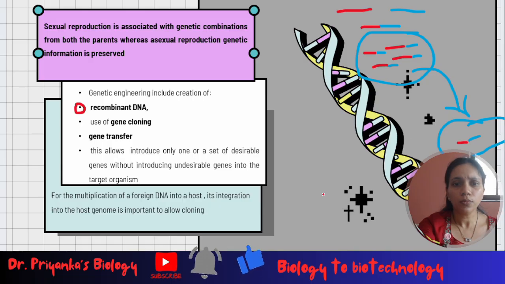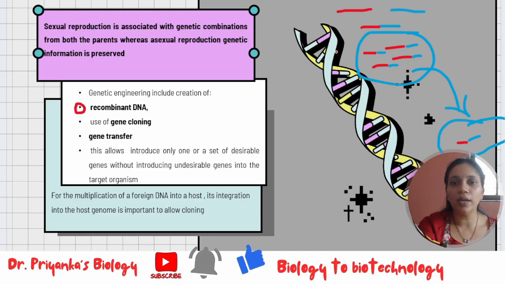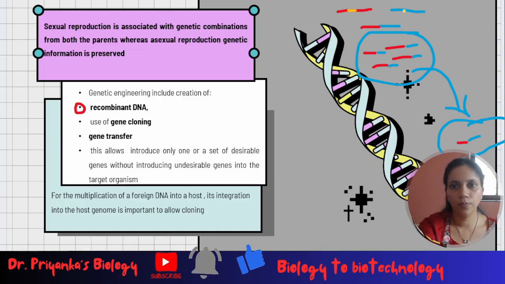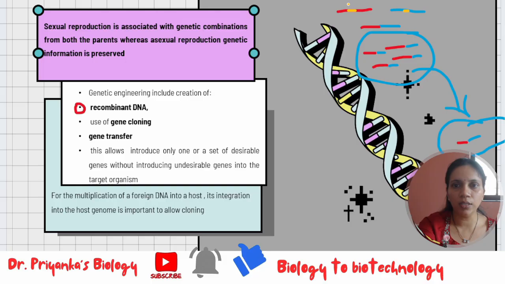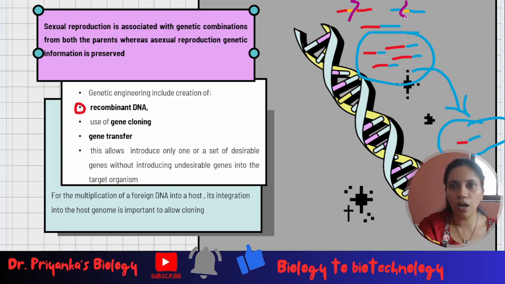Now, what has happened over here is only the required set of genes has been transferred. Suppose this original DNA had this yellow part also, but what we have done is we have removed this yellow part, and allowed only this red and blue part to be joined, right?